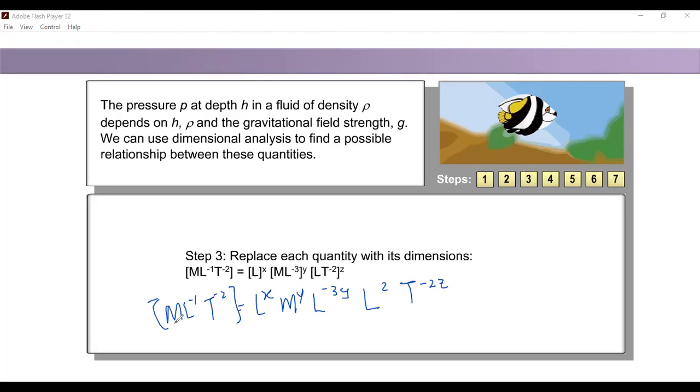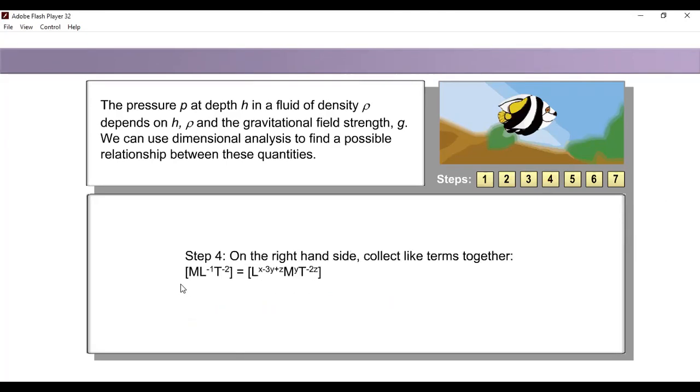After we rearrange, L is x minus 3y plus z. So for L, x minus 3y plus z; M is equal to y; T is equal to negative 2z.